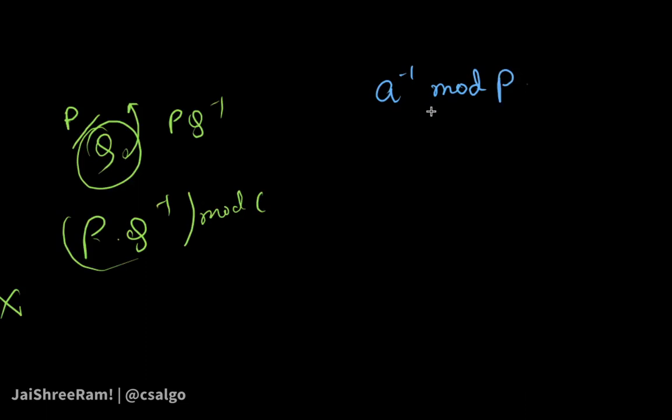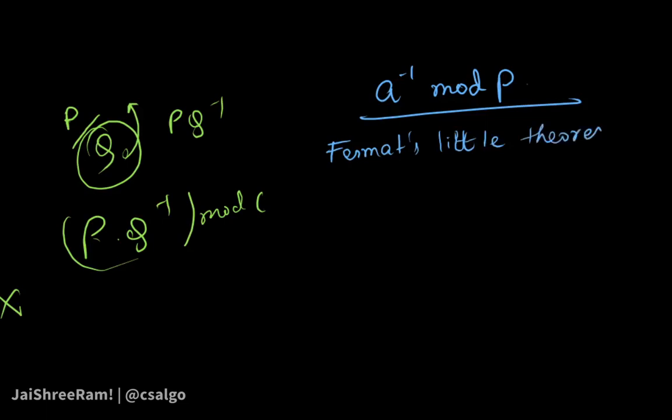To find this, we will use a theorem, another theorem, something called Fermat's little theorem, which says that if P is a prime, then for any integer a, a to the power P minus a is divisible by P. So P divides this.